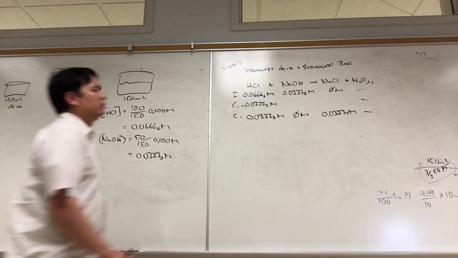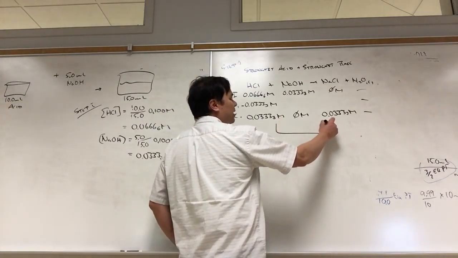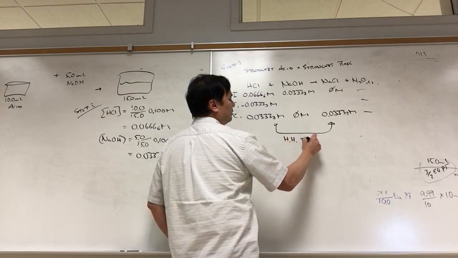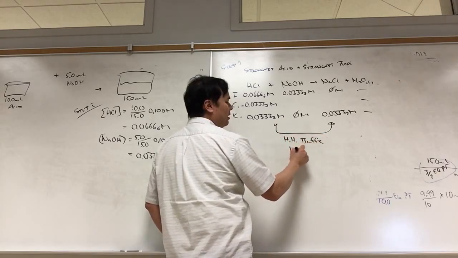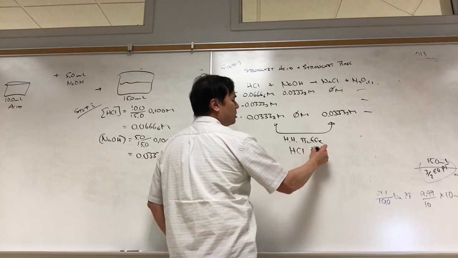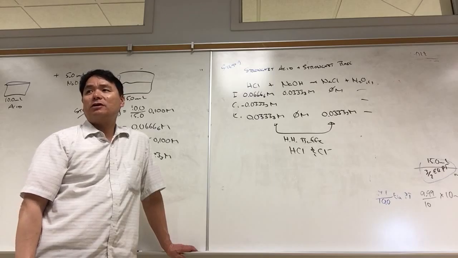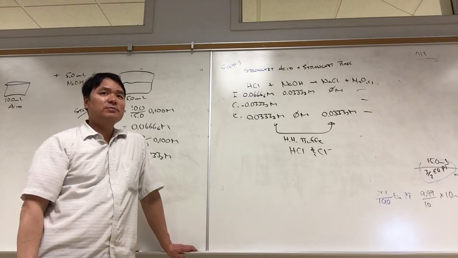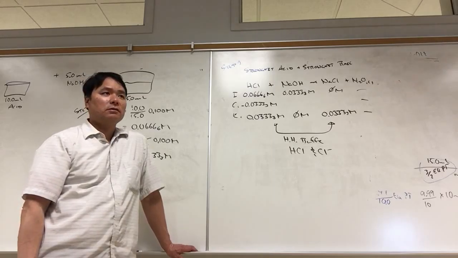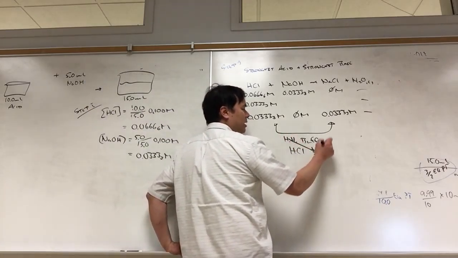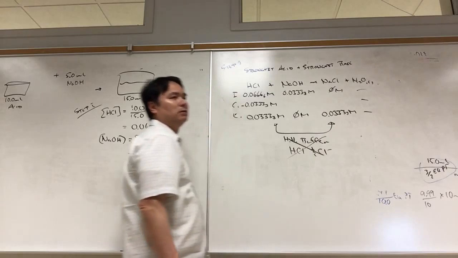All right, so this looks like a buffer. Am I left over with a Henderson-Hasselbalch buffer, or is this an HH buffer? Because I have HCl, my acid, and its conjugate base. The conjugate base of HCl is chloride. And so I have my acid plus conjugate base. Is this an HH buffer? Yes? No? The answer is no. And why is it not a Henderson-Hasselbalch buffer?